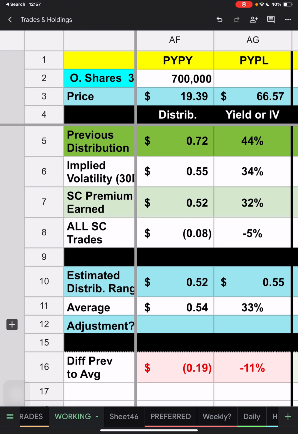So if we take that negative number out, we're looking at that estimated distribution range of 52 to 55 cents, which is implied volatility is 55 cents. Well, I guess because those two numbers are the same. Sorry, my brain's getting fried now. So that's 54 cents. And PayPay, if I look here, I don't have that one on here, so I'm just going to have to put that rounded number for now.